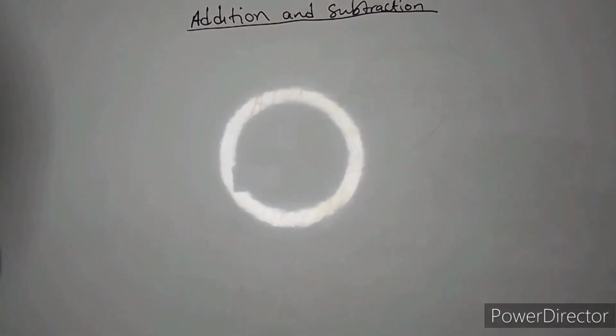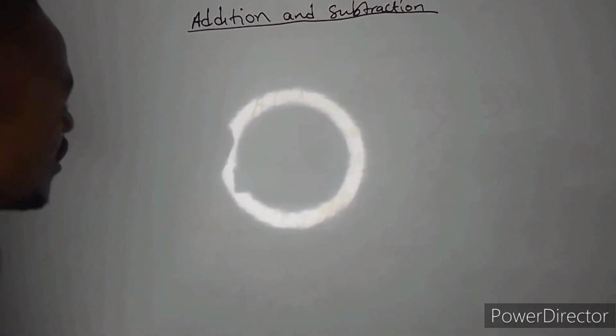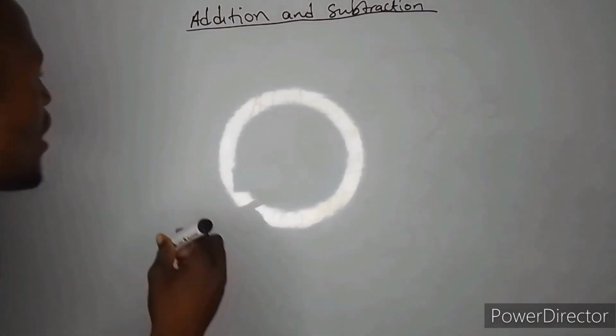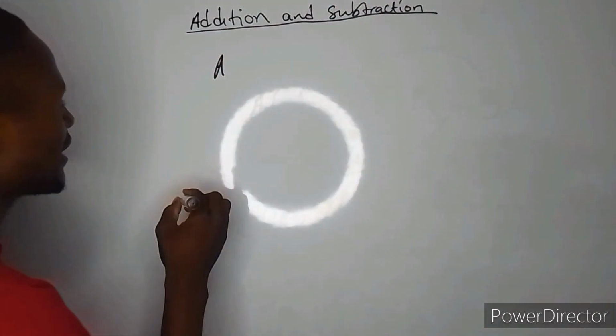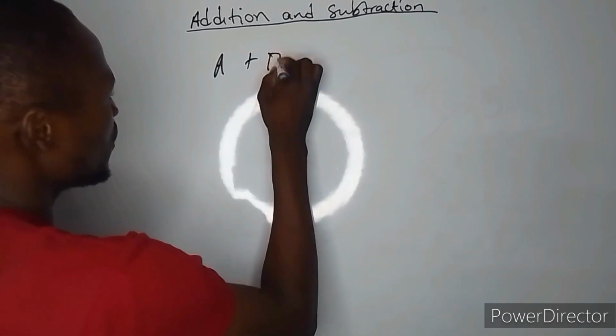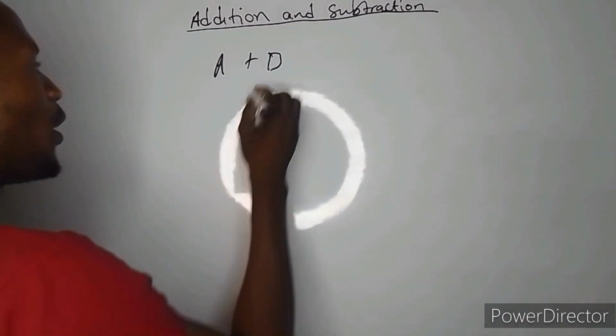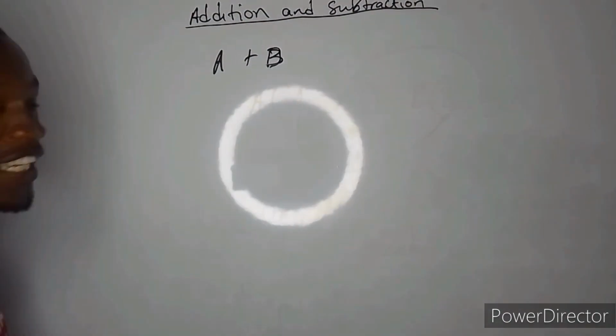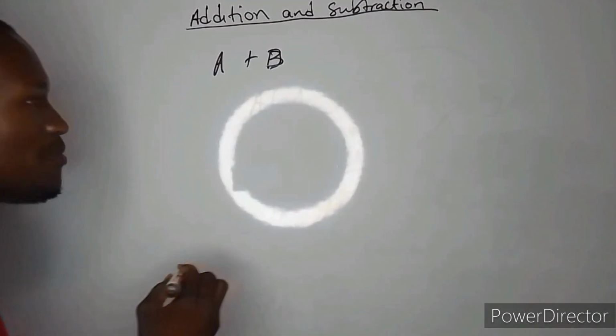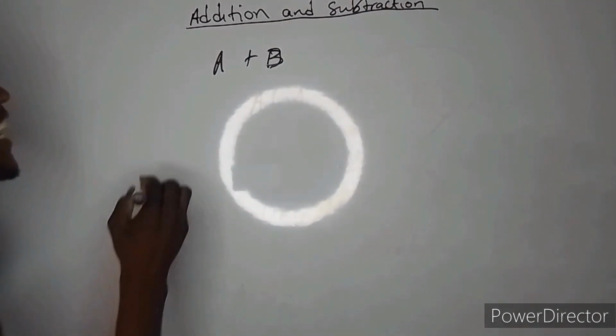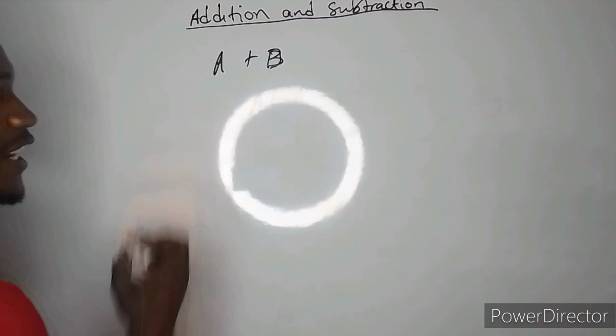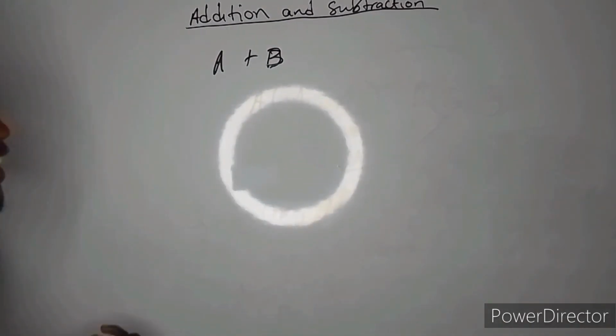So, let us continue and look at subtraction and the addition of vectors. Let me give you an example. Let's say we have vector A, which is being added with vector B. When you are adding vector A and vector B, it is really important to remember that vector A has the x and y component, and vector B also has the x and the y component.